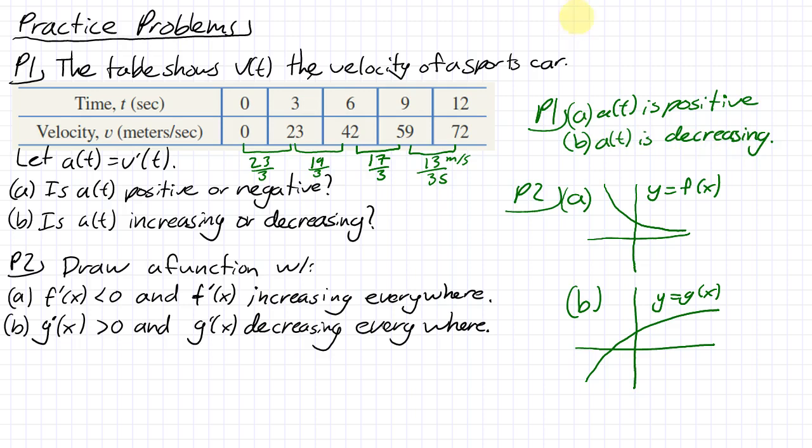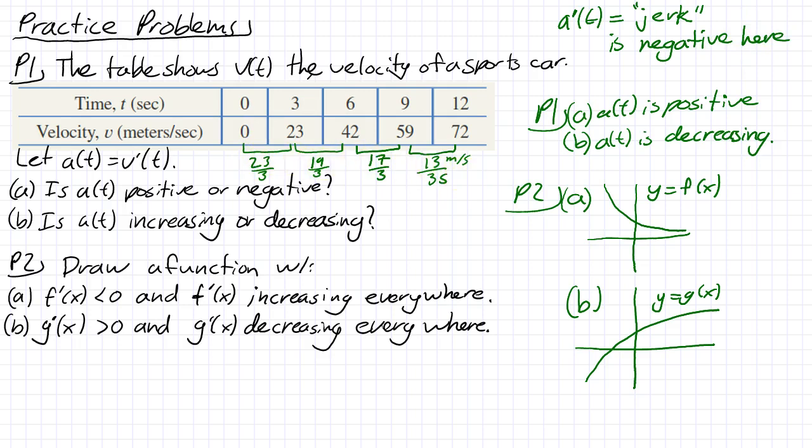And by the way, this means that a prime of t is actually a function called the jerk for some reason. The jerk is the rate of change of acceleration, and that is negative here, because the acceleration itself is decreasing.